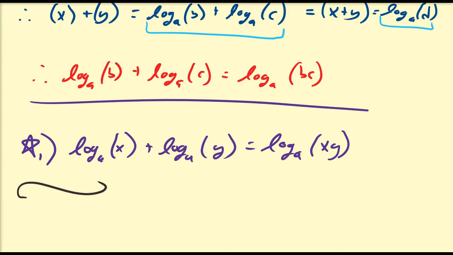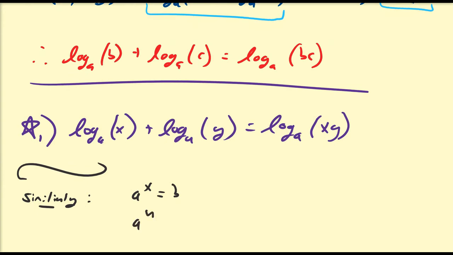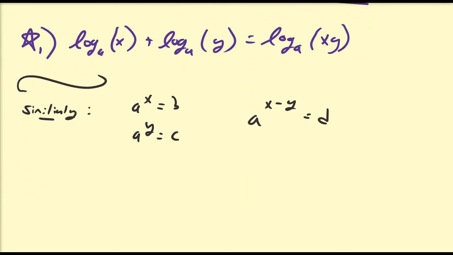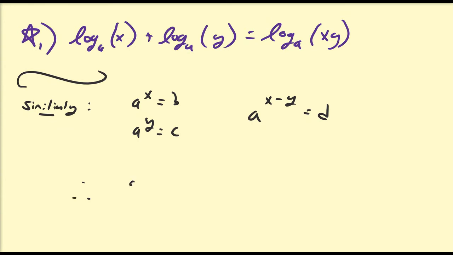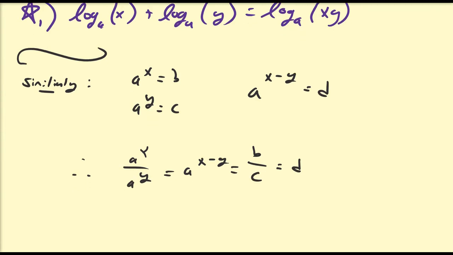So what about subtraction? Similarly, we can say, okay, a to the x is equal to b, a to the y is equal to c, and we can define a to the x minus y to be equal to d, right? So therefore, a to the x over a to the y, which is of course a to the power of x minus y, is equal to b over c, which is equal to d, right?